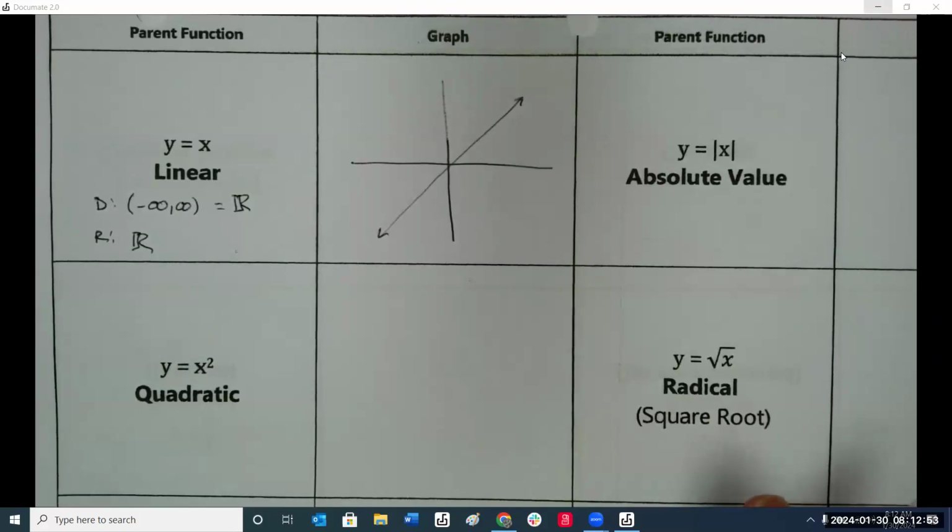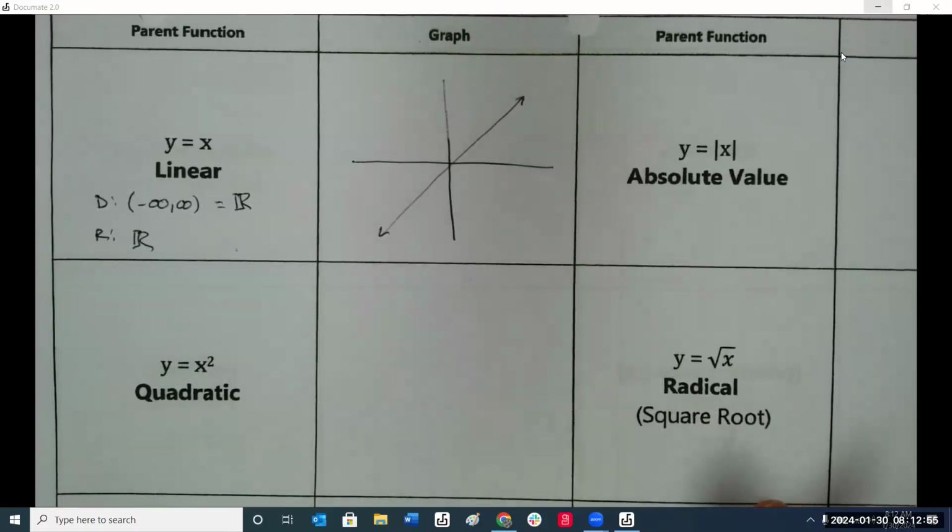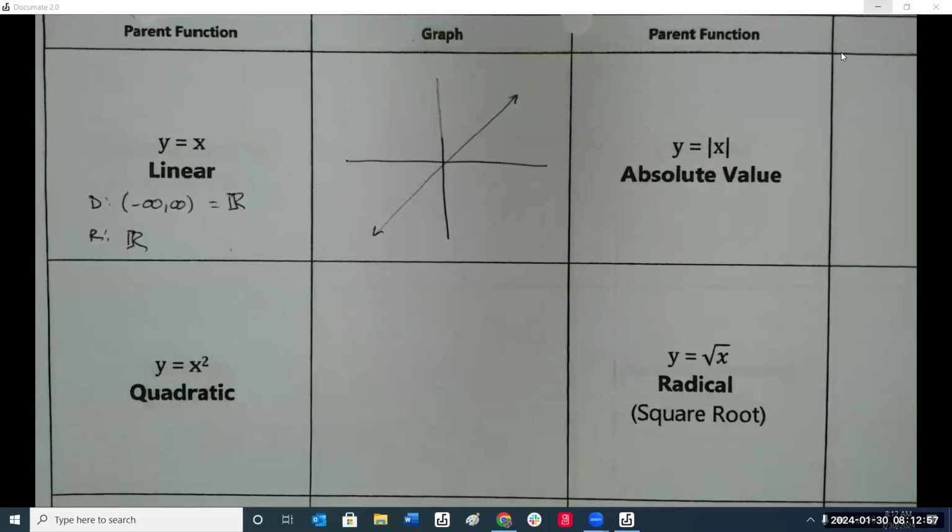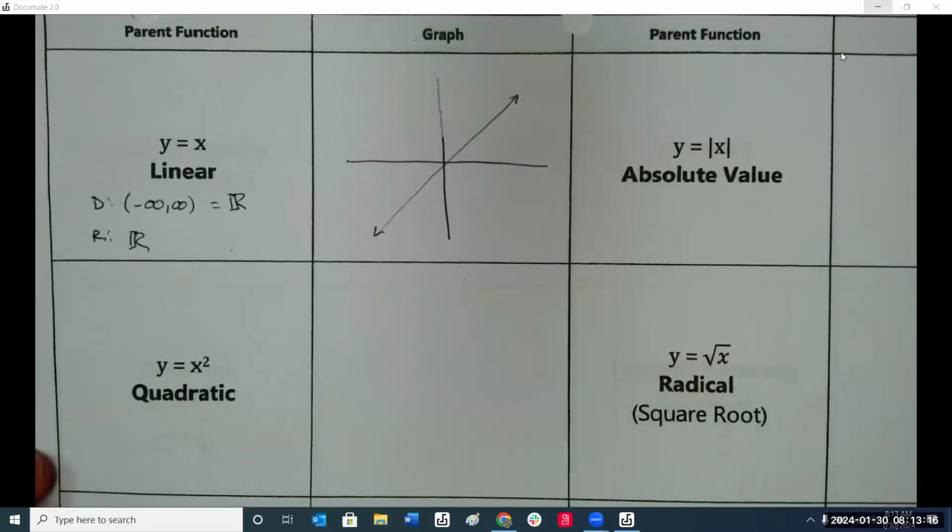An asymptote is a horizontal or vertical line where the graph of the function approaches but never touches. Because for the vertical asymptote, it's where that makes the function undefined. For example, 1 over x, you can't divide by 0, so x cannot be 0. So x equals 0 is the vertical asymptote. So there's no asymptotes there.